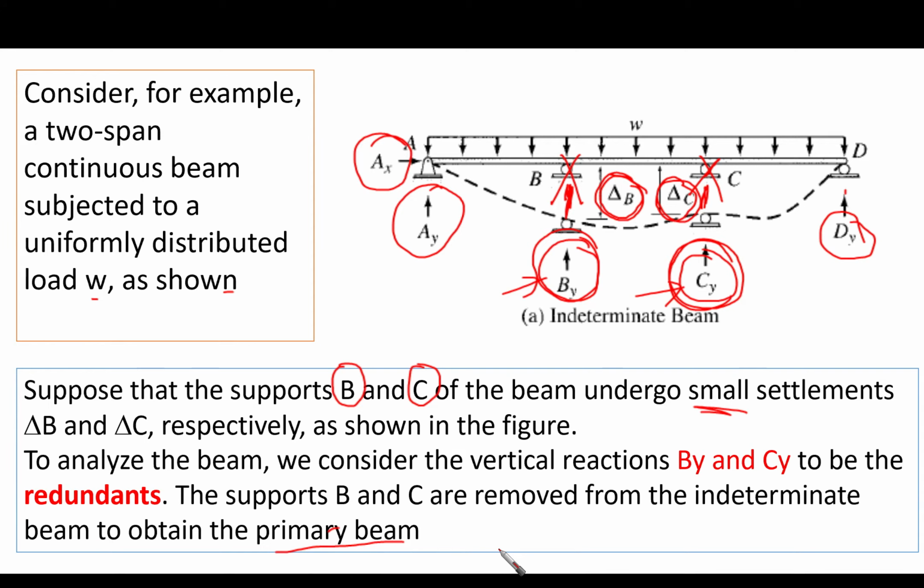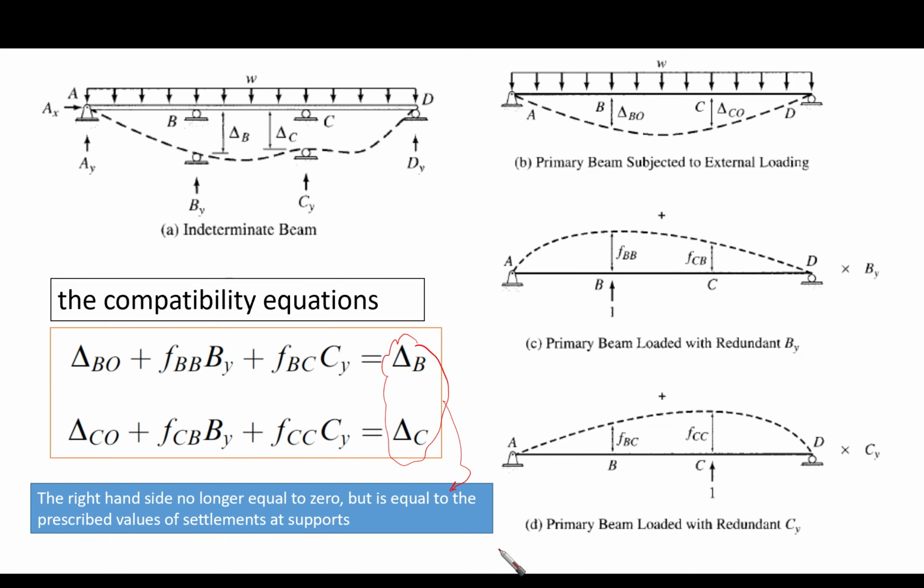Let's have the next slide. So here, this is our next slide. As you can see, this is the indeterminate beam. Already we have seen this in the previous slide, and this is the primary beam subjected to external loading.